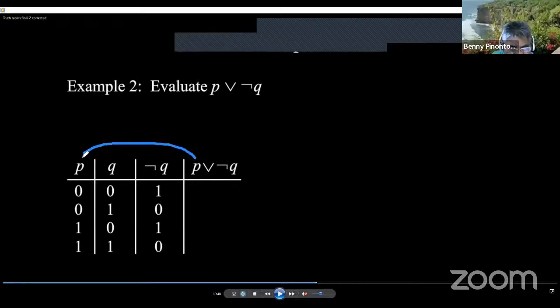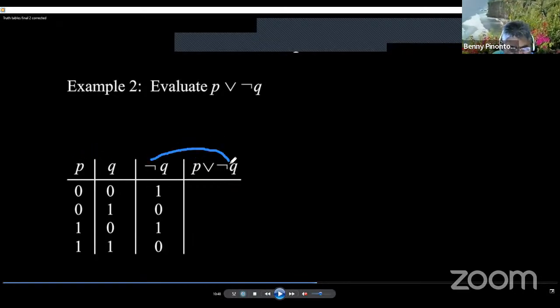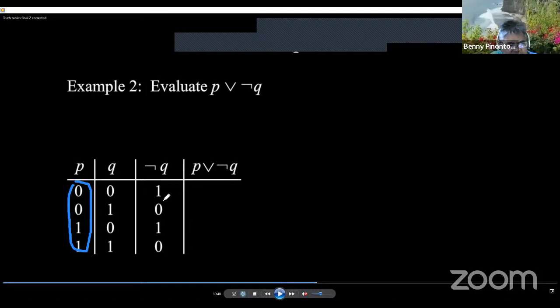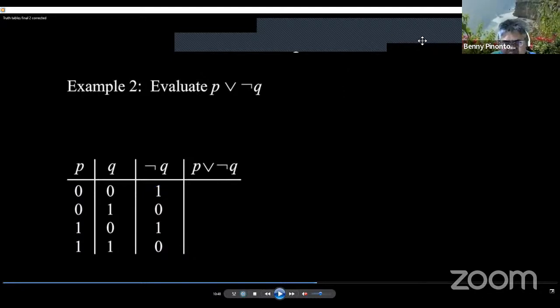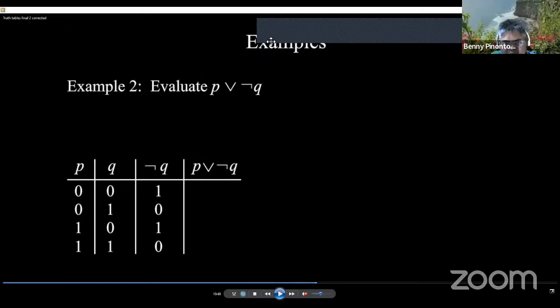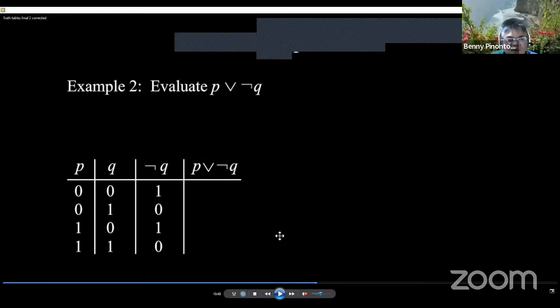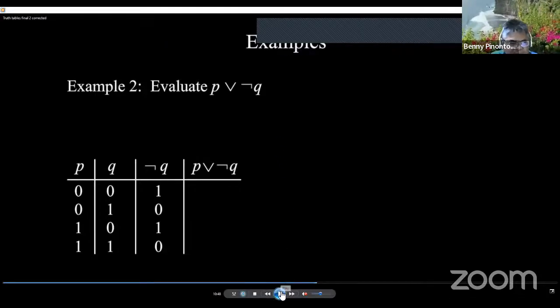And so now the whole sentence: the P you take from here, and then this not Q you take from there. And that's going to be n. So you look at here and there, and you look at the inputs that are all 0.